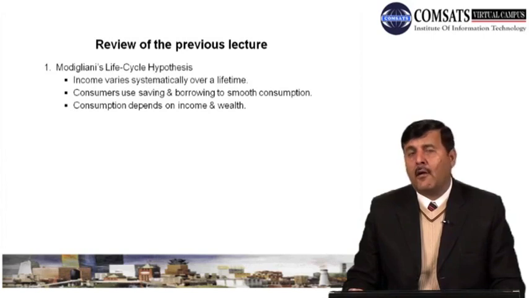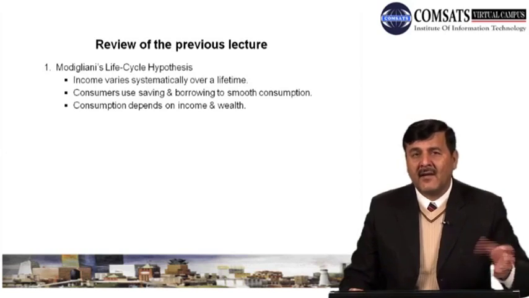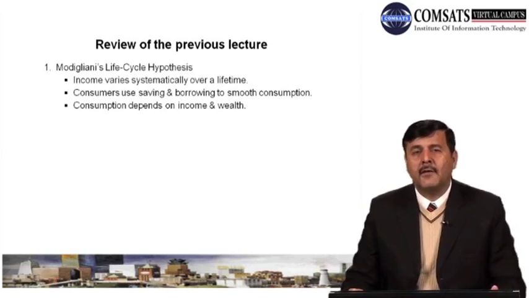If we talk about the long term, then APC does not change, does not fall, it remains stable as income rises. So that was the consumption puzzle. So that hypothesis given by Modigliani also helped to solve that puzzle.